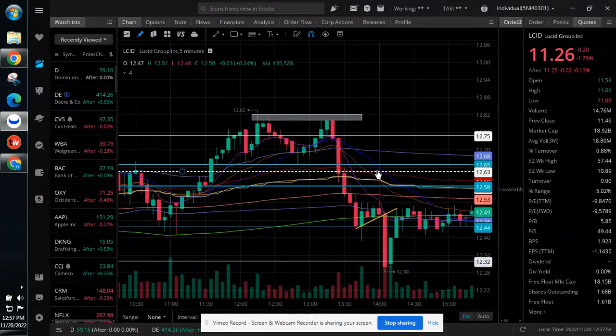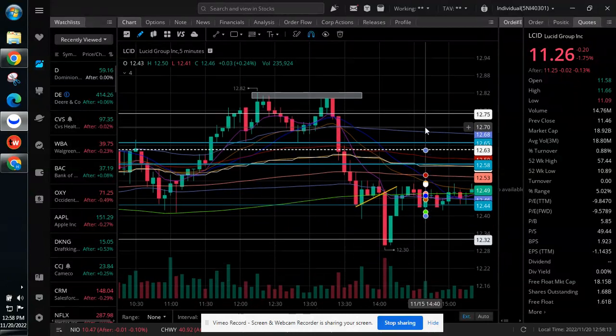which is also backed up by this break of pre-market high, the break below pre-market high. So that would have been my entry point. I guess, yeah, this candle would have closed, so my entry point would have been on this candle.